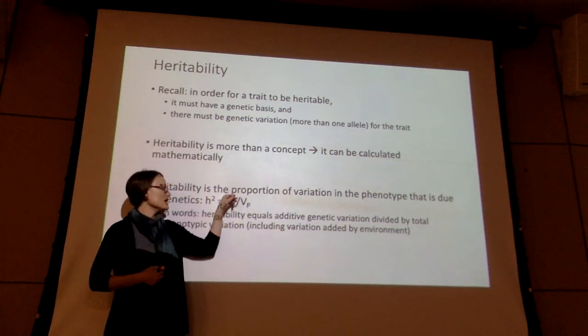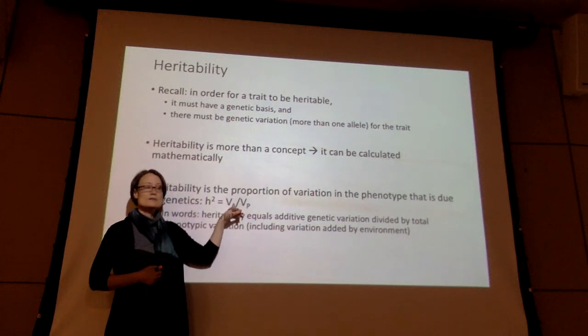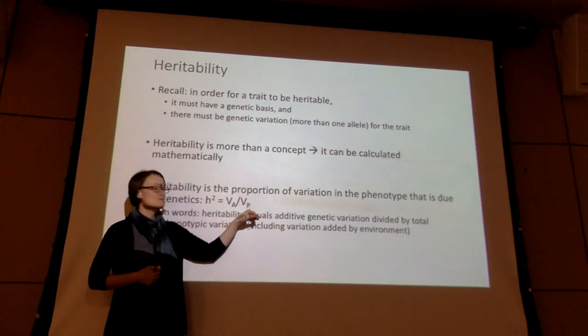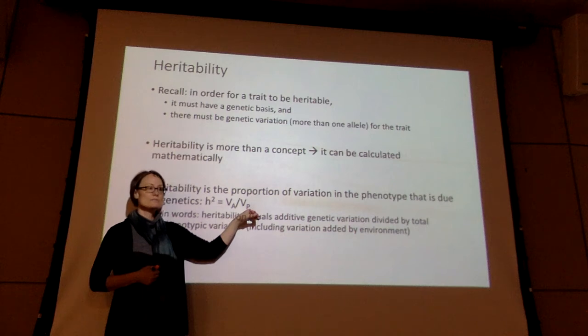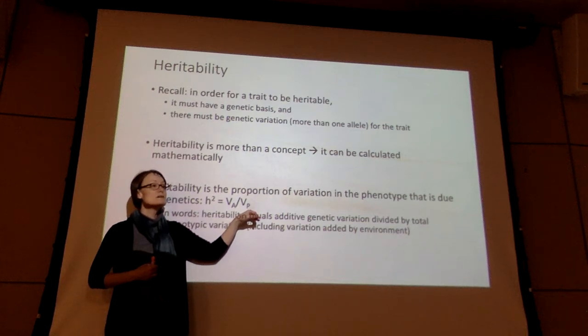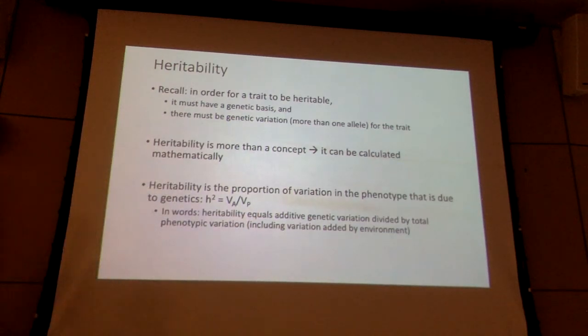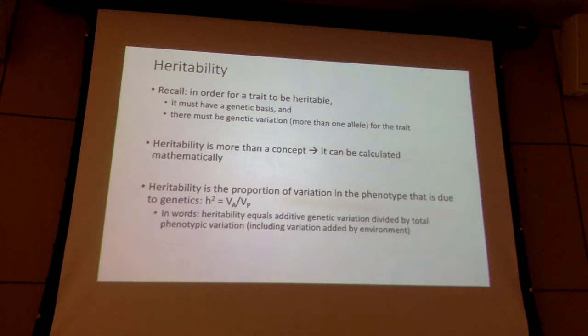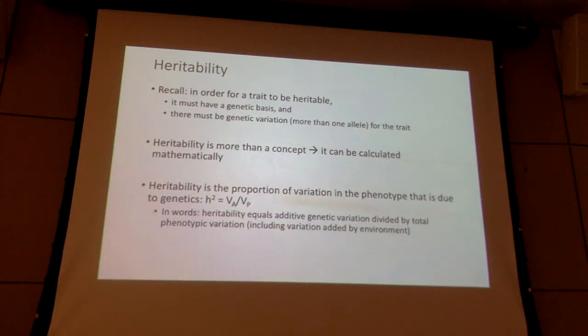And so this VA you can think of as genetic, and this VP is total variation. So heritability also is the fraction of variability in that trait that is genetically determined. Now that's a sloppy definition because there are some non-additive genetic effects, but I'm not going to ask you too much about that.